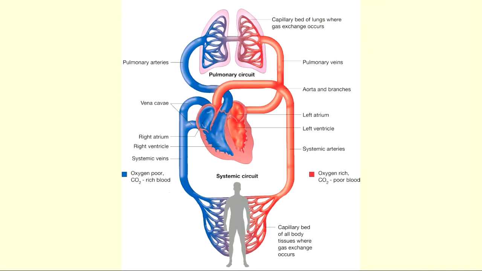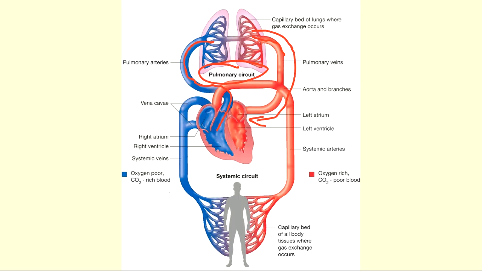So here's a diagram of what was just discussed. Basically, you have the pulmonary circuit, so that's blood from the heart to the lungs, and at the capillary level is where the oxygen and carbon dioxide exchange happens, and then from the lungs back to the heart.